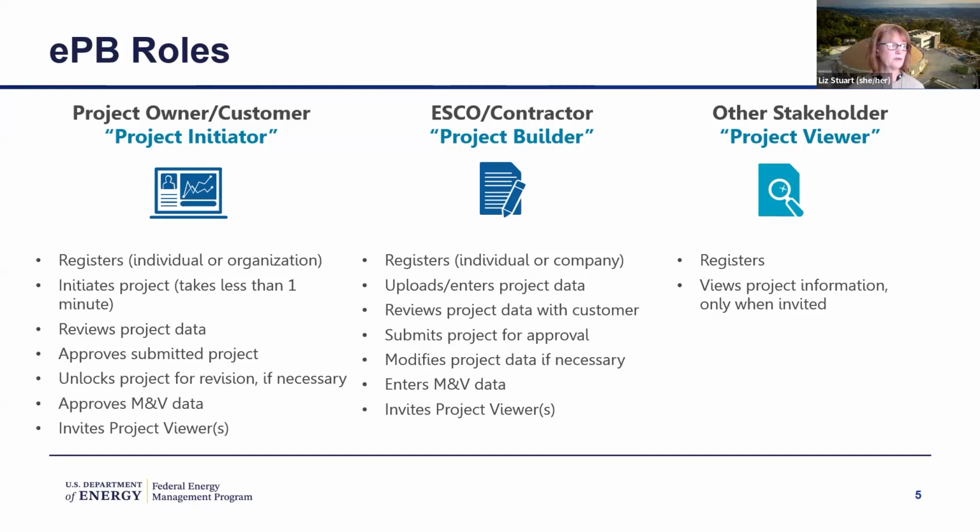The ESCO could upload that data to eProject Builder, generate the task order schedules, share those with the customer, and discuss, or you can work offline with the data template, and we'll talk about that briefly as well. Then the contractor also uploads M&V data and submits that. And both of these two roles can then invite third-party project viewers to have view-only access to their approved projects.